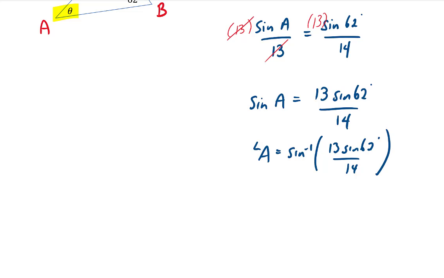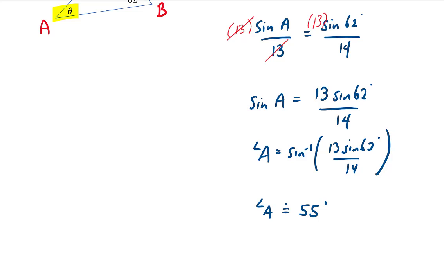And if you have a display calculator, you should be able to type this all in at once and get your answer. So remember, to get sine minus 1, we're going to hit the second function button, or the shift button, and then hit sine. And then we're going to type in 13 times sine 62. And make sure to close off brackets where necessary. And then divided by 14. And then close off the bracket. So I end up with approximately 55 degrees.